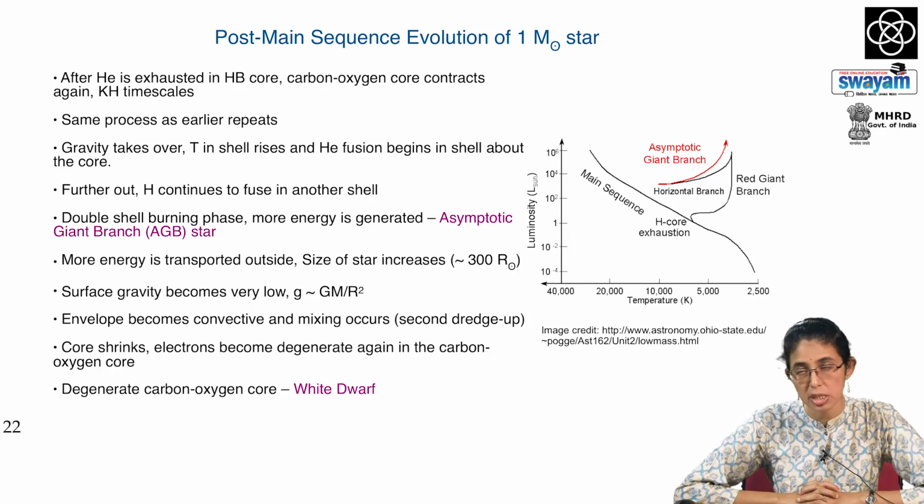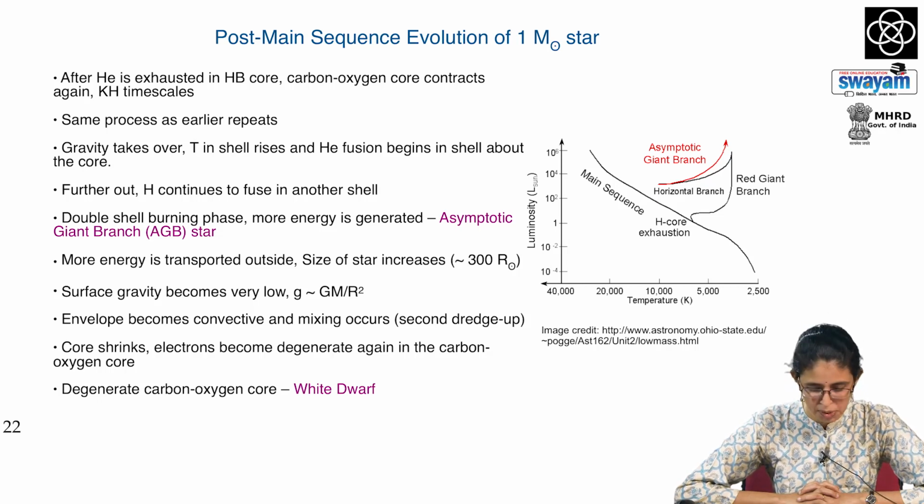Carbon oxygen core is degenerate at the center, and further out as the envelope is collapsing, just exterior to the carbon oxygen core, one has the helium shell where the temperatures could rise for helium to start burning. And so, helium starts burning in a shell, this again increases the luminosity.